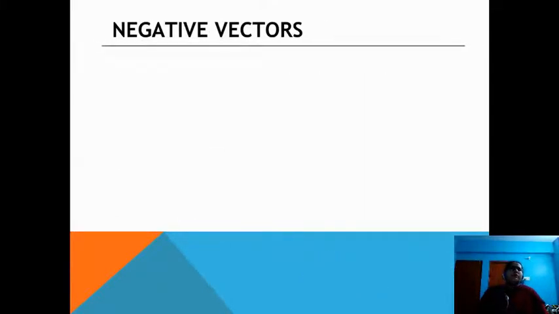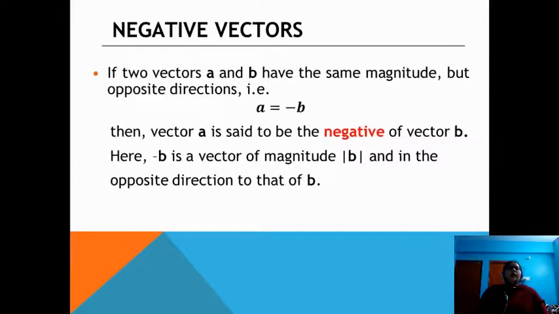Next we talk about the negative of a vector. What do we mean by that? If we have two vectors A and B with the same magnitude but opposite directions, then we say that the vector A is the negative of the vector B, and we write A equal to minus B, where minus B stands for a vector of magnitude mod B and in the direction opposite to that of B. So the word negative vectors is another word for opposite vectors.